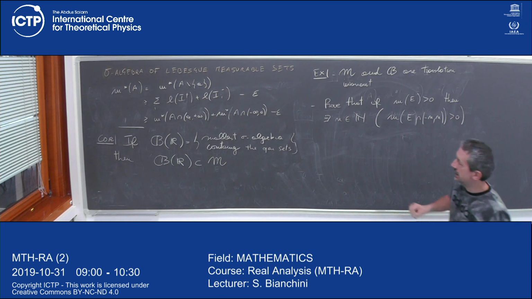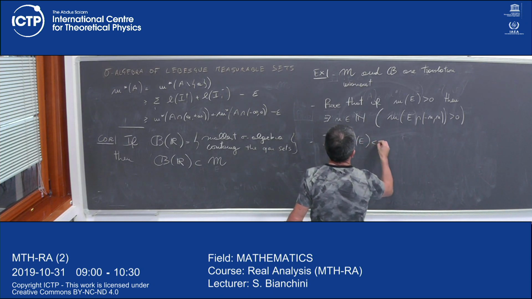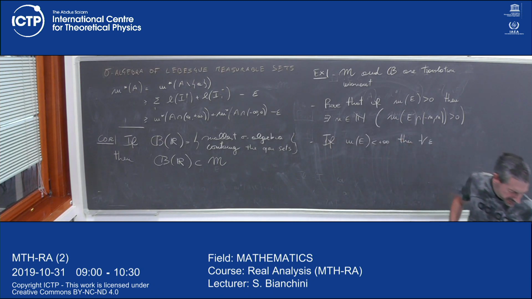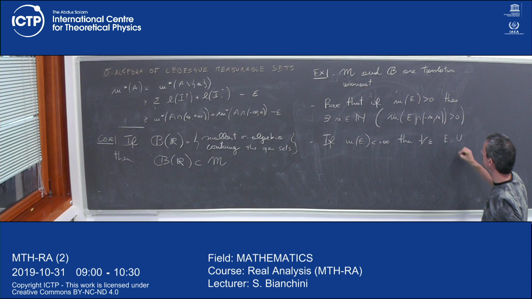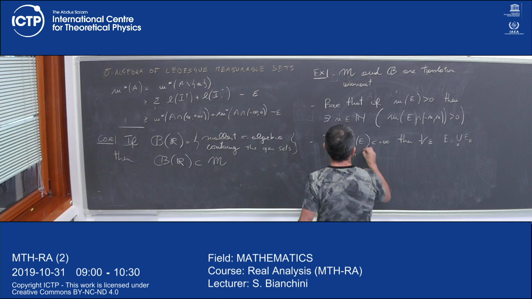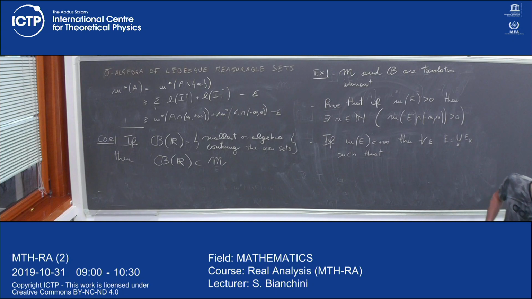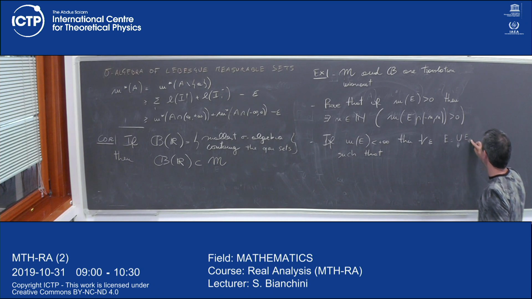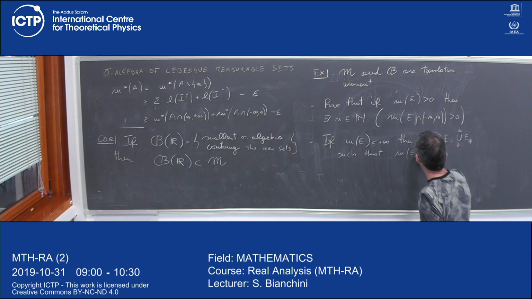So I add another exercise. If M of E is less than infinity, then for all epsilon, E is the union of finitely many sets E_i such that the measure of E_i is less than epsilon.